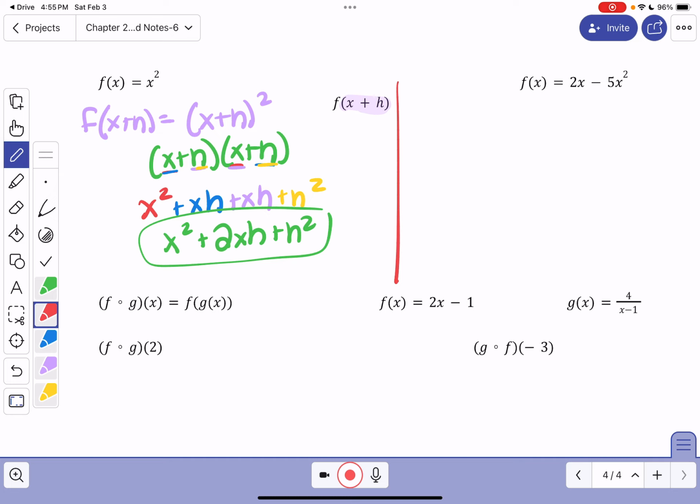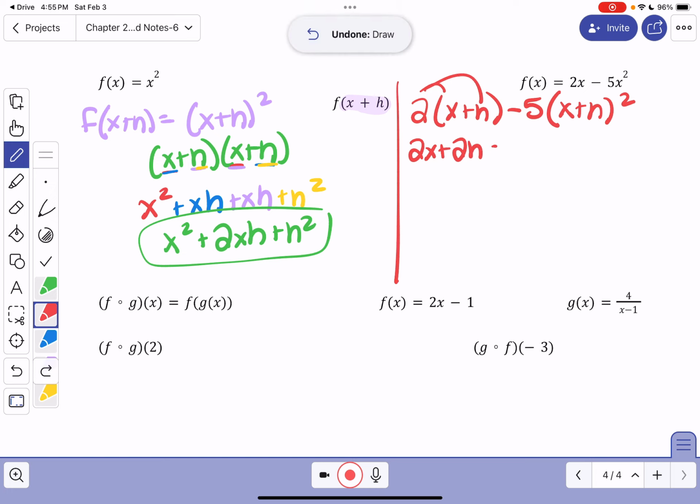Now let's try this one. So it's saying 2x, so we put x plus h here, minus 5 times x plus h squared. So if I distribute here, we get 2x plus 2h. Oops. And then here we would have to do our foiling.